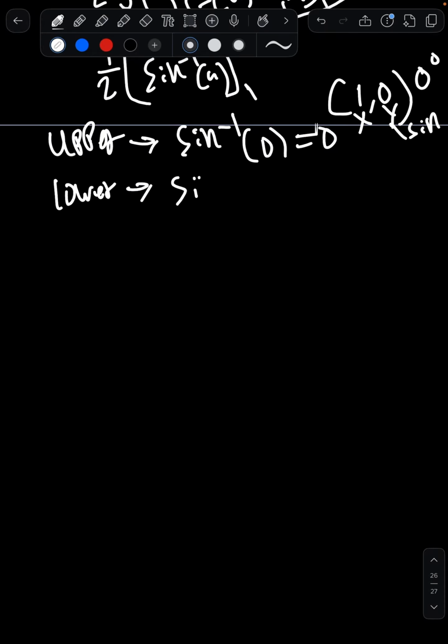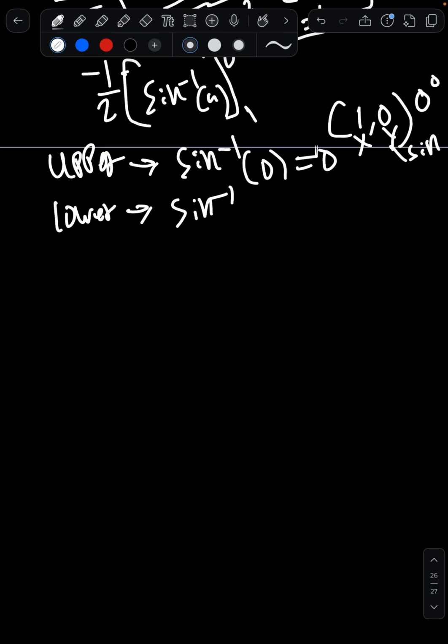Now let's do the lower bound. So that's going to be an inverse sine of 1. So where is inverse sine 1? Or what coordinate gives us that? If we look at the unit circle, 0, 1 is at 90 degrees on the unit circle, right?